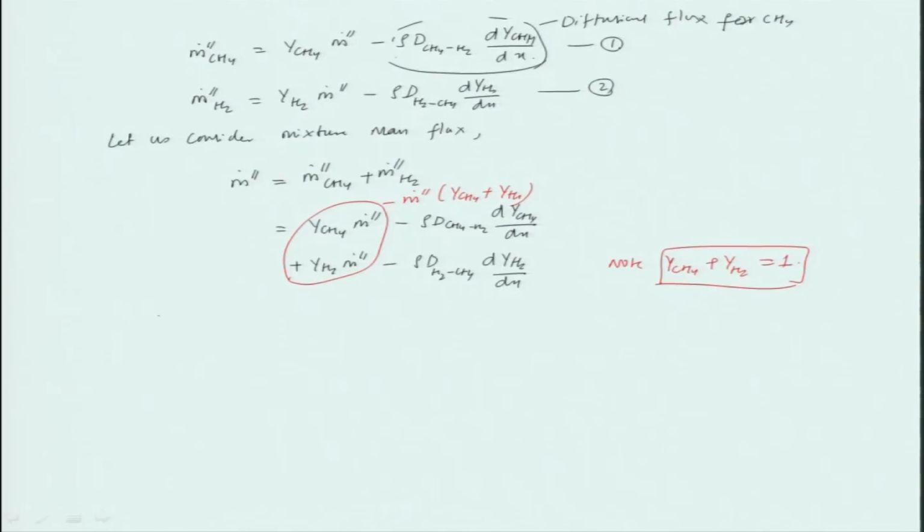Then I can write down this as m dot double prime is equal to m dot double prime minus rho D_CH4-H2 dY_CH4/dx minus rho D_H2-CH4 dY_H2/dx.